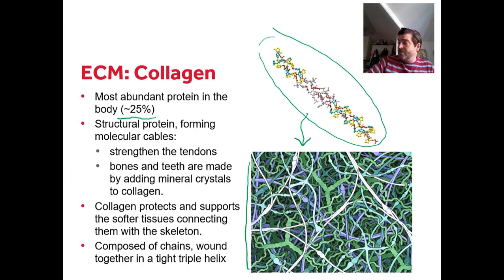So imagine your muscles, you've got the very dense skeleton, and those muscles are connected to that via the collagen network. And the reason collagen is so strong is that there are chains in the collagen molecule that are wound together in a very tight triple helix formation, which gives great structural strength.